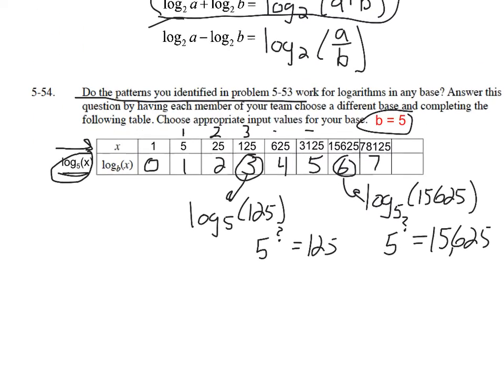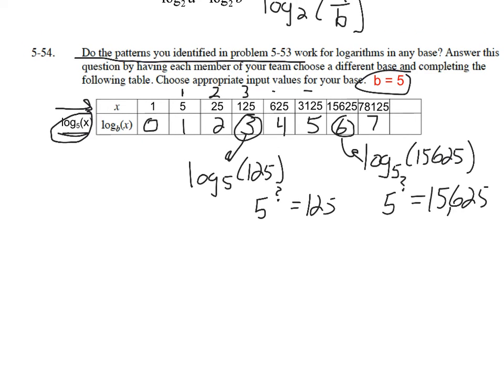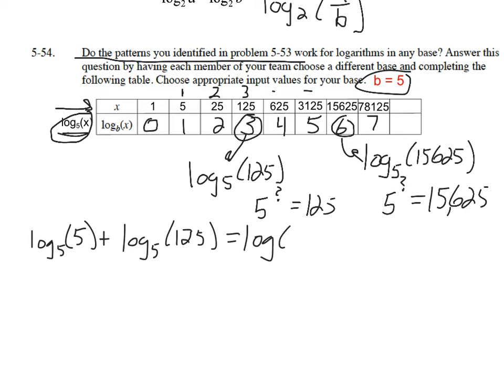So let's examine this. We're going to take the log base 5 of 5 and add that to the log base 5 of 125. And if this property is true, then this has to equal the log base 5 of 5 times 125, which is 625.